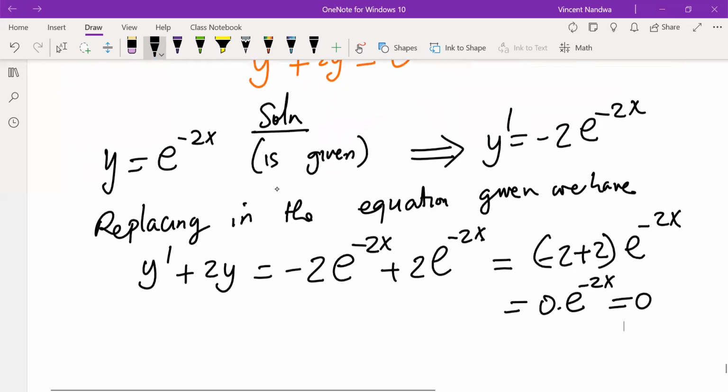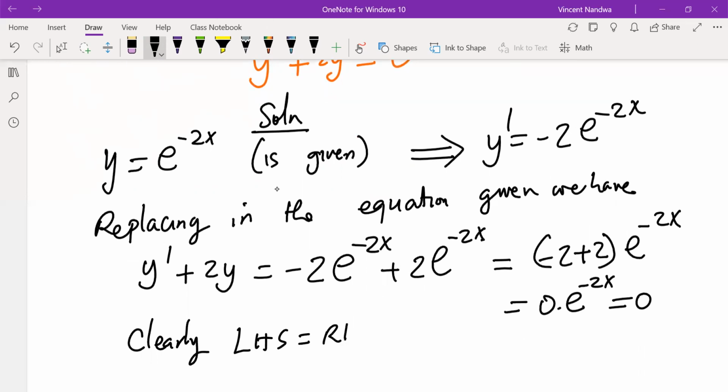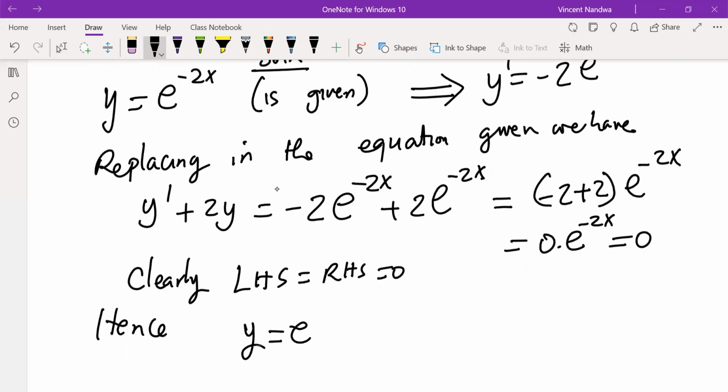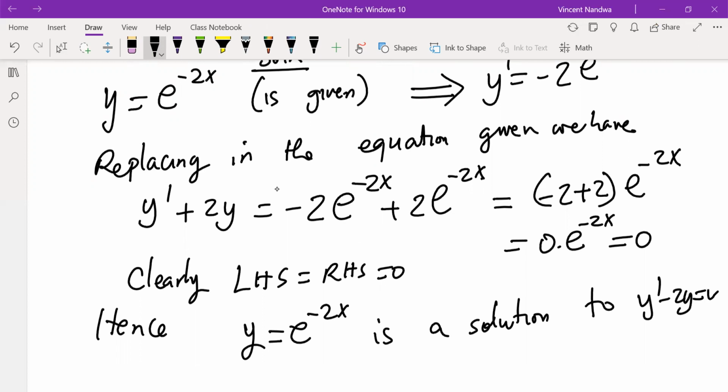So clearly, left-hand side equals right-hand side equals 0. Hence, y equals e raised to the power minus 2x is a solution to y prime plus 2y equals 0.